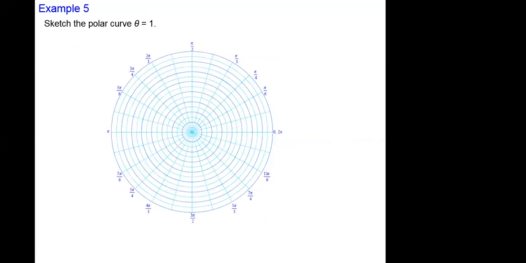Now, let's look at this one. Sketch the polar curve theta equals 1. Now the same, the radius could be any value. I have to just find that angle. And of course, this is 1, it's not a degree. It's 1 radian. 1 radian is around 60 degrees.